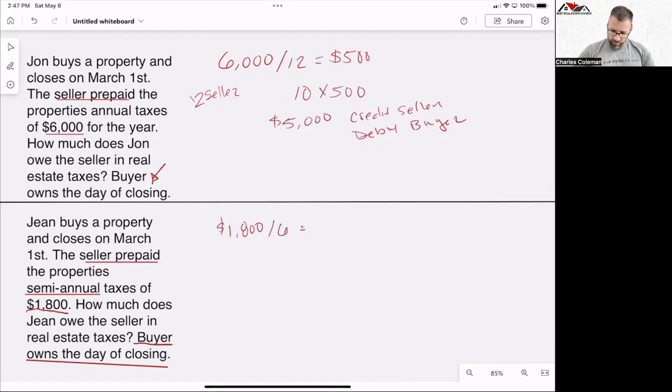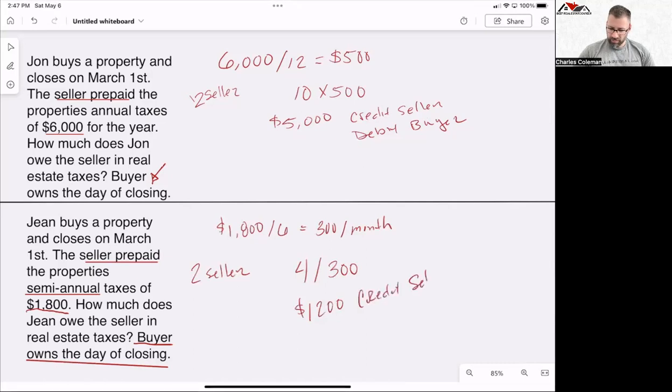That's going to give us $300 per month. Again, the seller had it for 2 months. And in this case, Gene, the buyer, has it for 4 months. So 4 months times $300, that is $1,200.